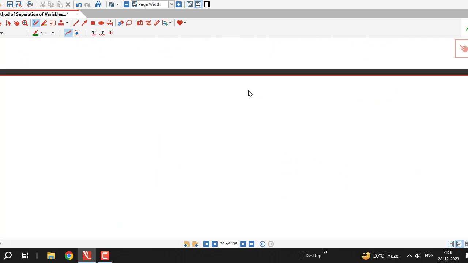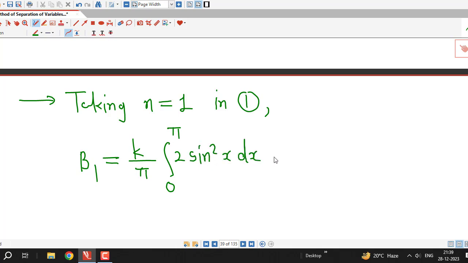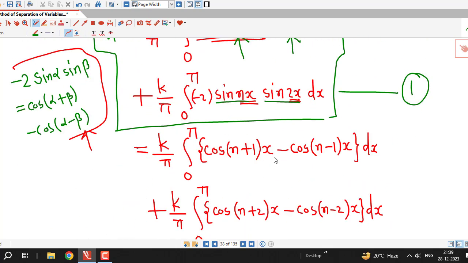So now I am taking n equal to 1 in equation number 1 to find out b1. Taking n equal to 1 in equation number 1, we will have b suffix 1 equal to k divided by pi integral from 0 to pi of 2 sin square x with respect to x.